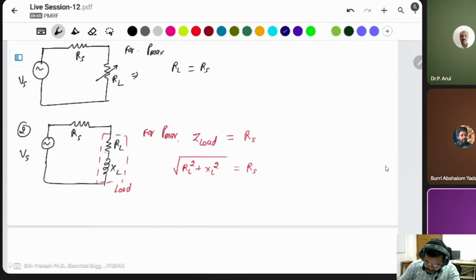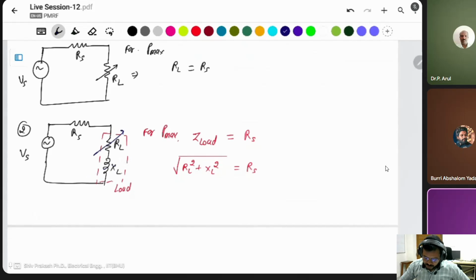In the question, maybe this is not varying or maybe this one varies. Maybe one is constant and the other varies. Resistance is constant and inductor varies, or inductor is constant and resistance varies. If the resistance varies and the inductor is constant, it does not mean RL is equal to RS.